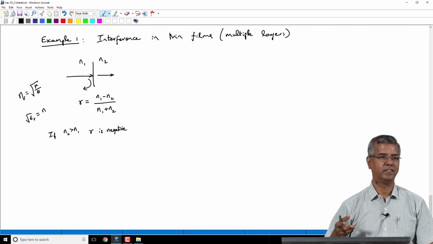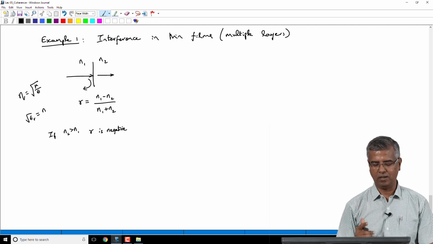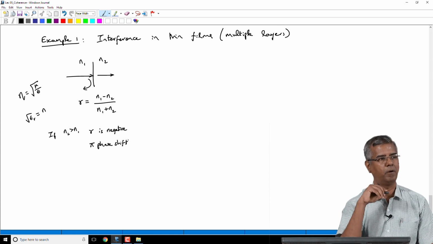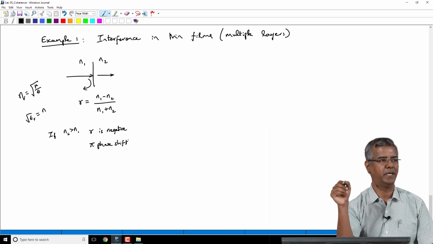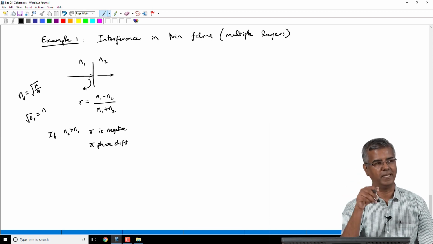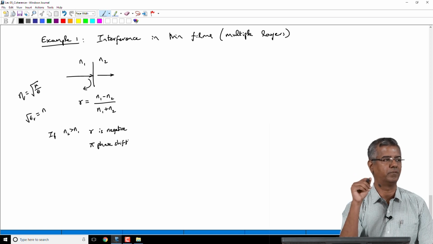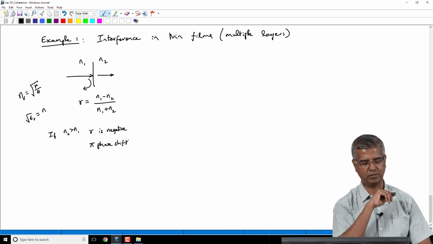So, what does that mean? The wave essentially gets flipped, right, or you have a pi phase shift. You have a pi phase shift whenever a wave is going from a rarer medium into a denser medium. Okay, and of course, if it's going from a denser medium to a rarer medium, there is no phase shift. There's just zero phase shift, right? But when you're going from rarer to denser, you undergo a pi phase shift.